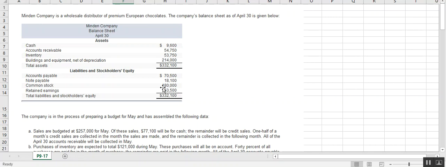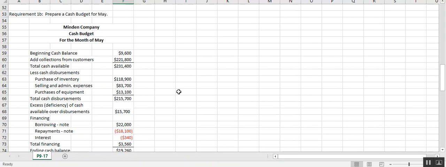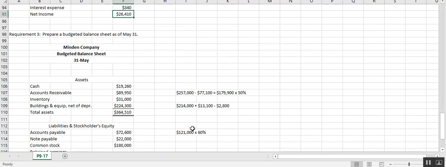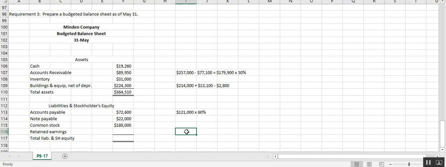So we need the $63,500 that we started with, and we need to know what our net income or net loss is, and I remember doing an income statement. So that amount right there is our net income. So we're going to take the $63,500 and add our net income of $26,410. So let me type this out here so you can see it.